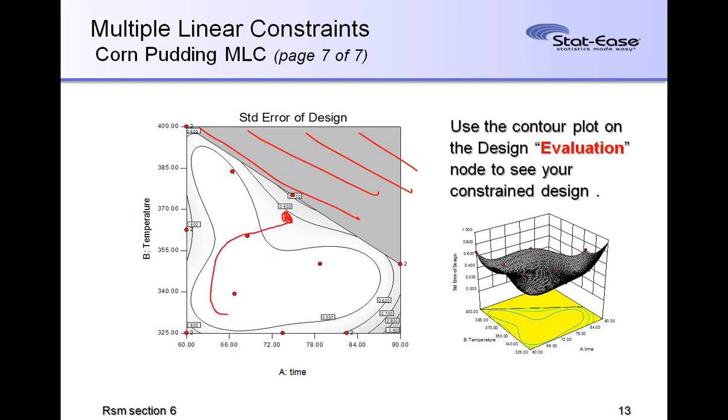Instead, we split and kind of filled the design space much better, and then we also replicated some of the outside points, which actually gives us better precision of estimation on the outsides. Instead of putting all those center points in the middle, this gives us a little bit better precision in the outside of the design space. So you can see by the red dots, we've filled the design space very nicely with this optimal design.